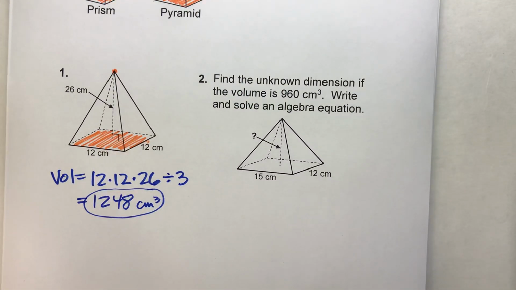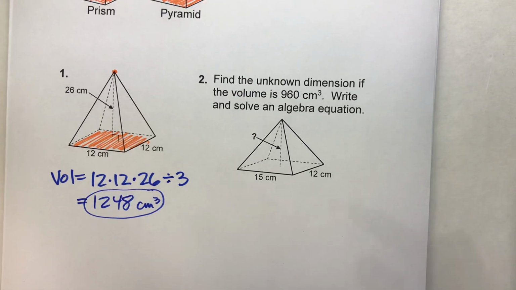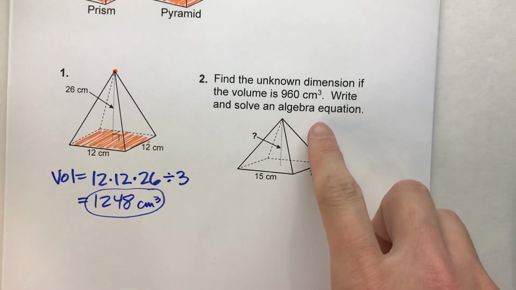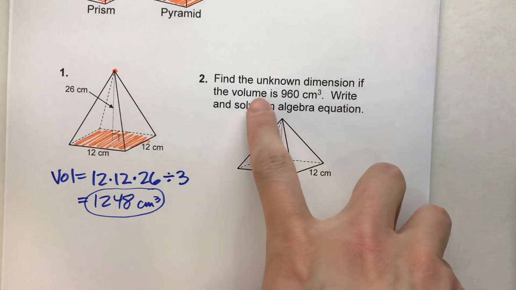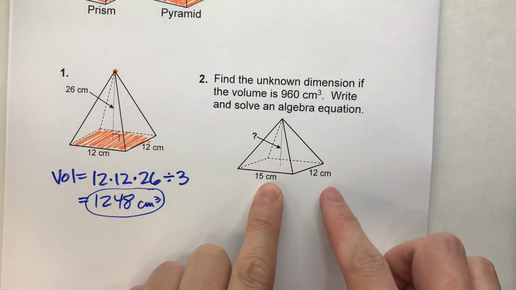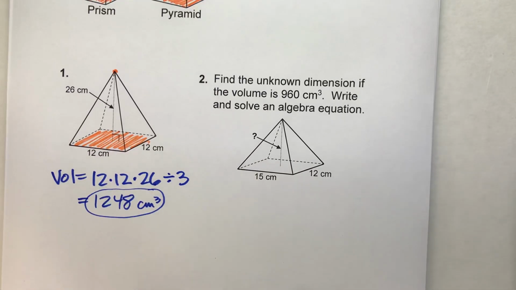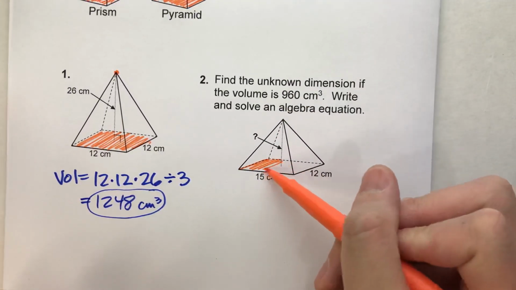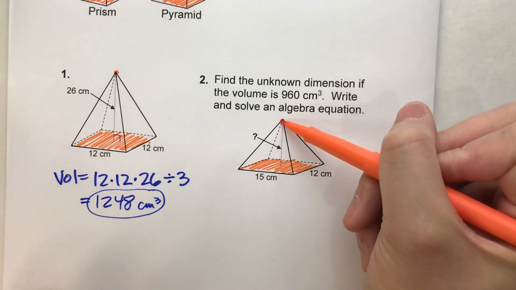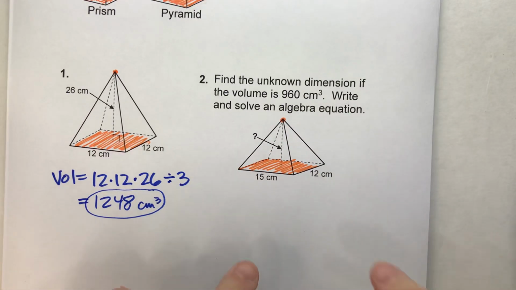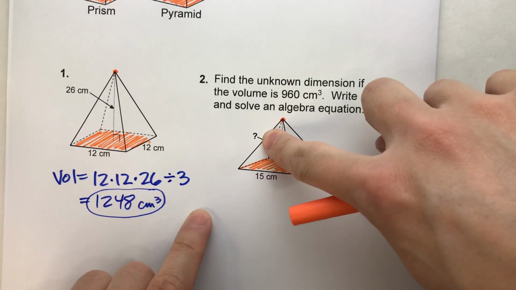And this time it's the opposite of what I was just doing because this time I'm going to give you the volume. It says, find the unknown dimension if the volume is 960 cubic centimeters. Write and solve an algebra equation. So notice, in this case right here, here's our base. Because here's our apex. All right, so what we're missing is the height.